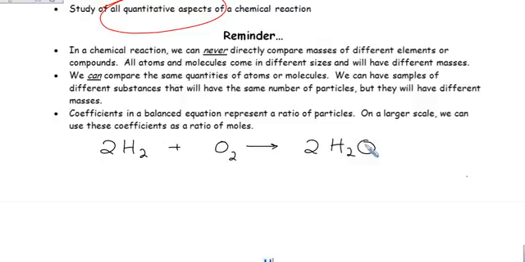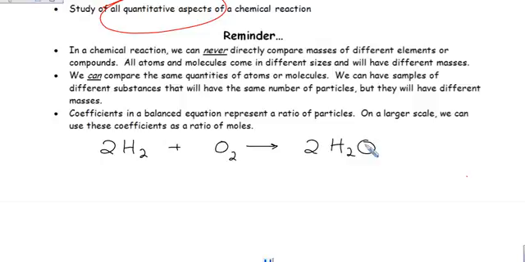However, if we want to try to go in the lab and run this reaction, that's not realistic. I can't go in the lab and find 2 molecules of hydrogen, 1 molecule of oxygen, and smush them together and make 2 water molecules. That's just not going to happen. We need to work with larger quantities.